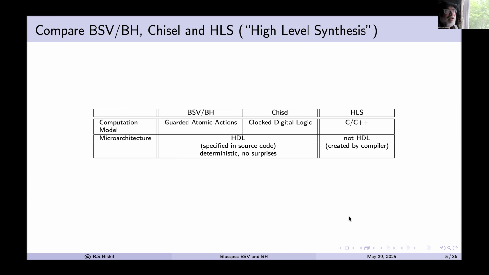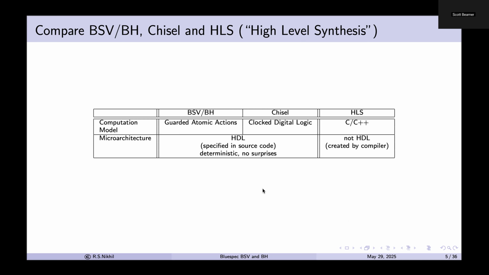Whereas in HLS, the microarchitecture is something that is created by the compiler, and the user may not have much knowledge about the details of what's going on in the microarchitecture at all. So this is a very quick high-level view of where I think BSV, BH, Chisel, HLS, Verilog, SystemVerilog, etc. fit. Did you have a question?